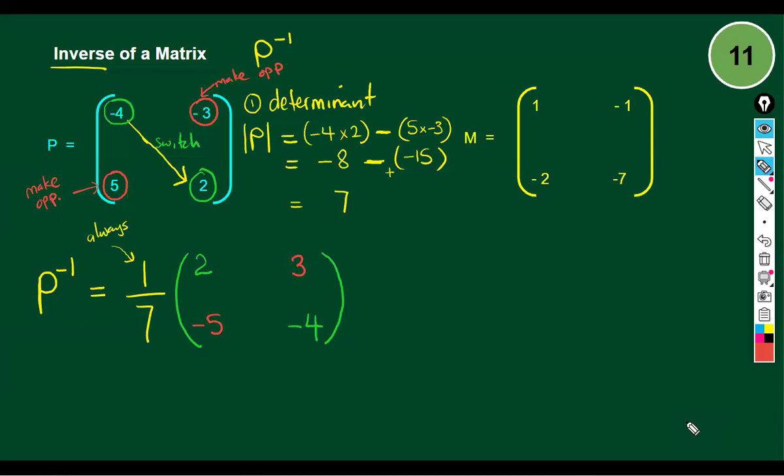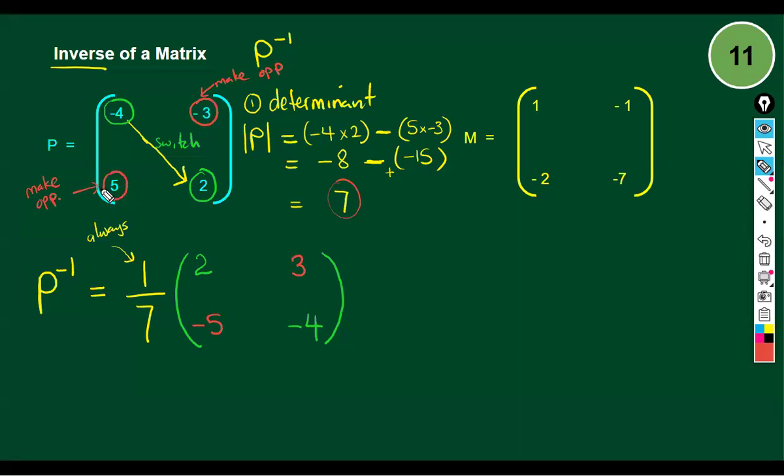Let me just repeat that. Whatever you get for the determinant, always throw it underneath a 1. Then put a big pair of brackets. The leading diagonal, you switch the positions of the values. The less important diagonal, you don't move the values.